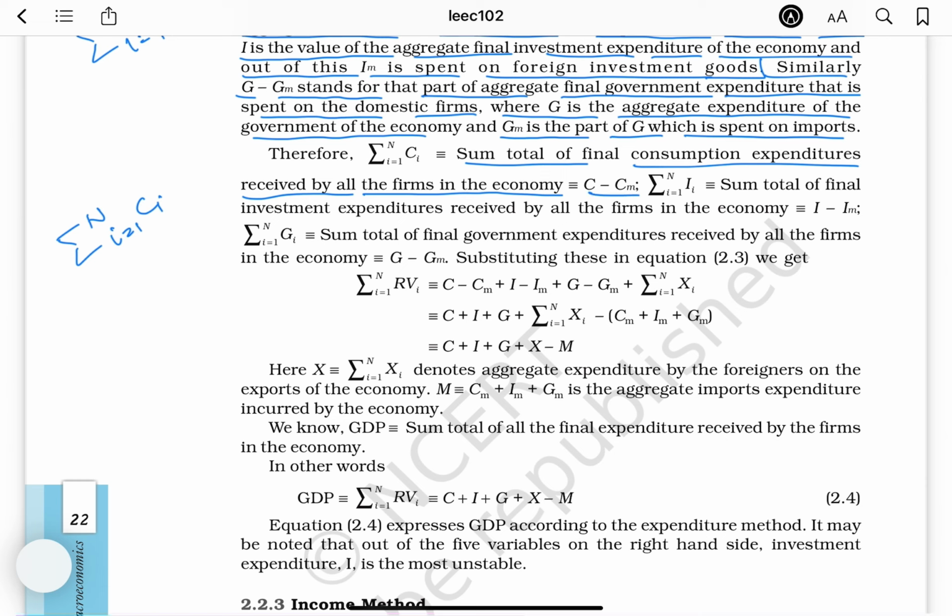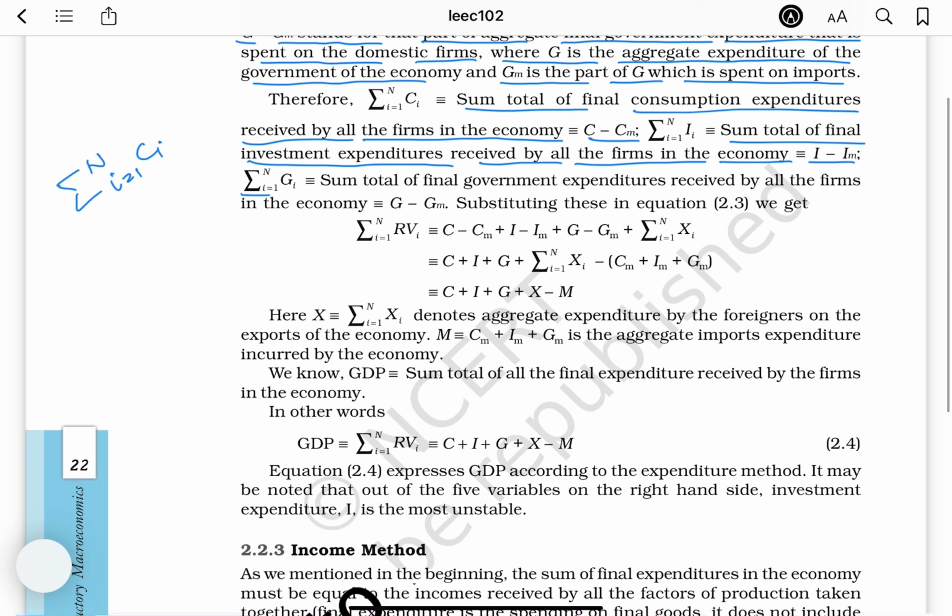Sigma i equals 1 to n of Ii equals the sum total of final investment expenditures received by all the firms in the economy, equal to I minus Im. Sigma i equals 1 to n of Gi equals the sum total of final government expenditures received by all the firms in the economy, equal to G minus Gm.